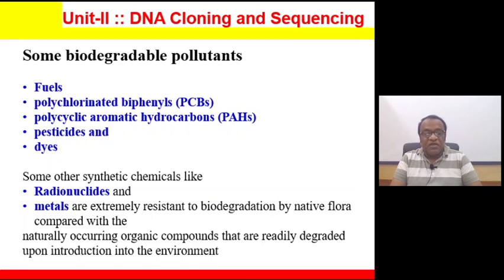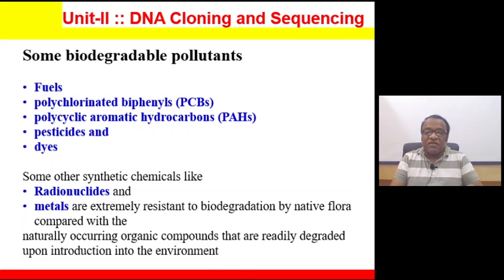These dyes are poorly biodegradable because of their structures, and treatment of wastewater containing dyes usually involves physical and/or chemical methods such as adsorption, coagulation, flocculation, oxidation, filtration, and electrochemical methods. So these are another important class of pollutants which are of great concern under bioremediation.